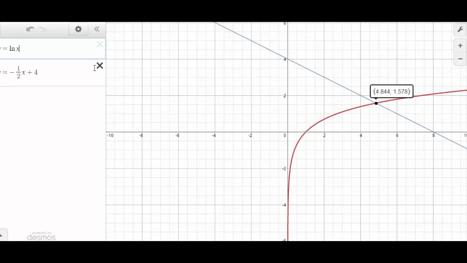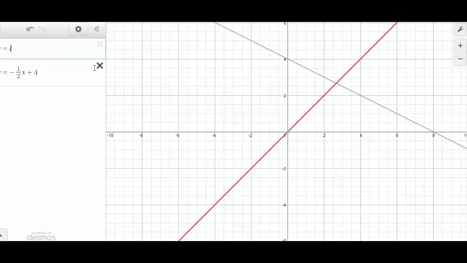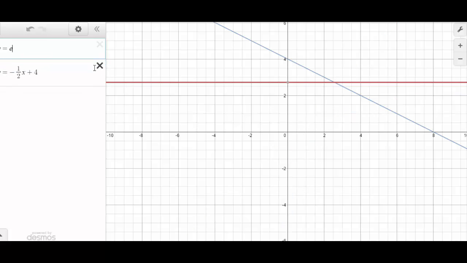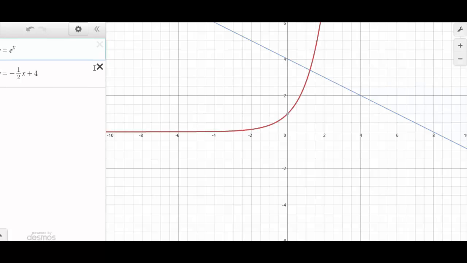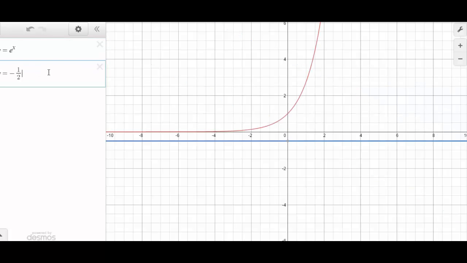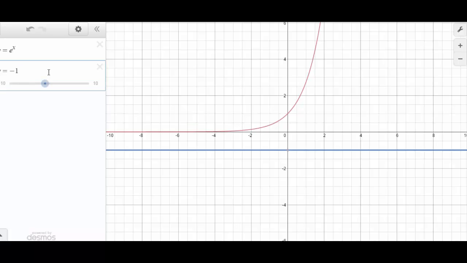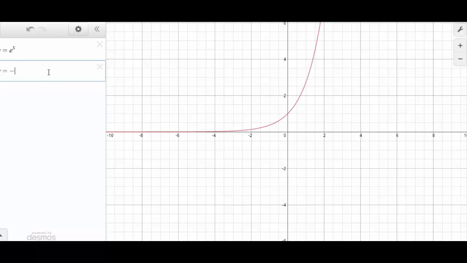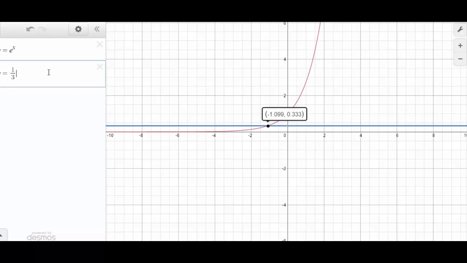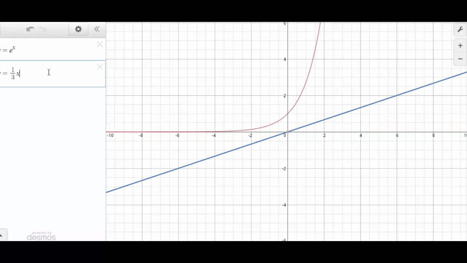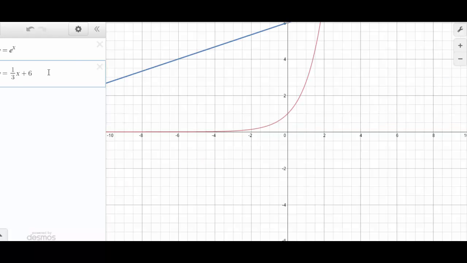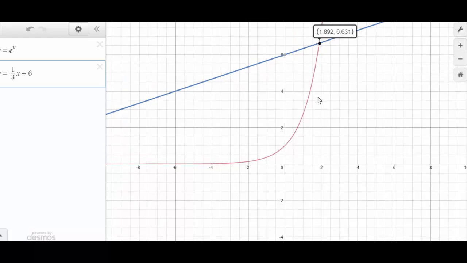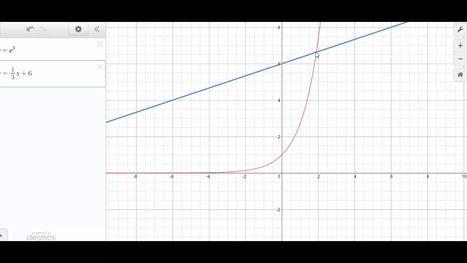So let's change these. The first one should be e to the x, and the second one is now going to be one-third x plus 6. And I have to move mine up. As long as you're in a standard window, yours should be fine though.